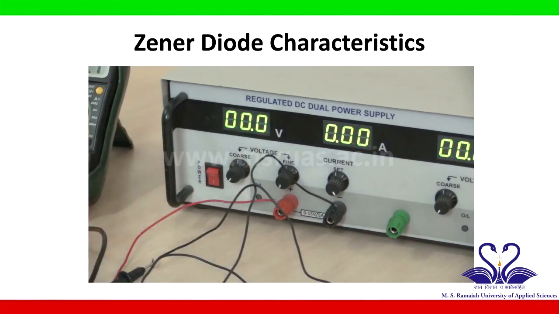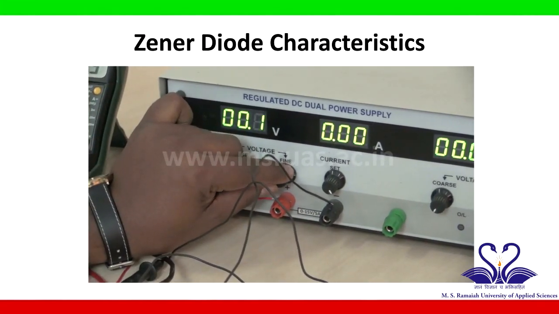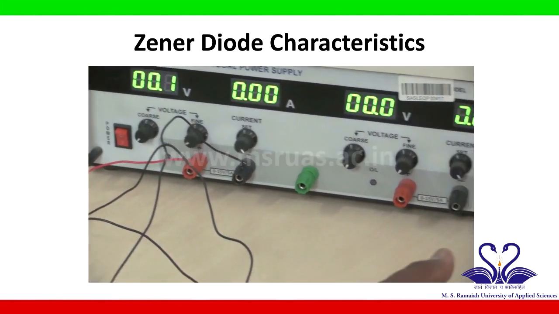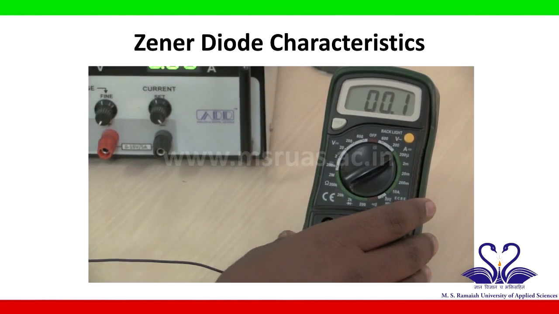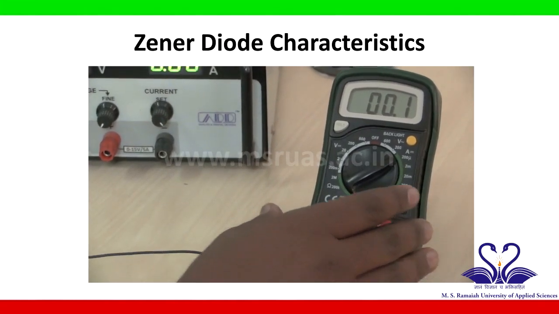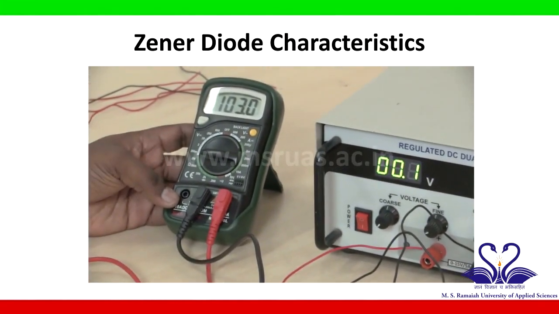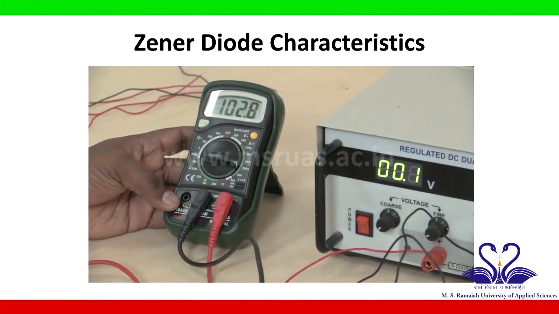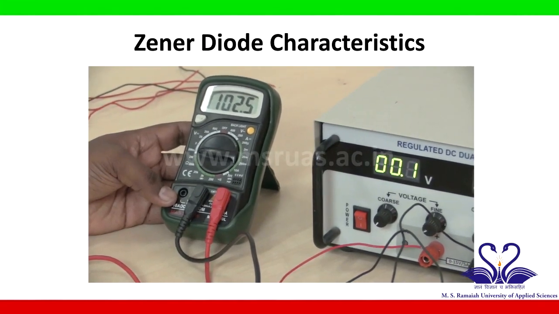For example, if I make the input voltage 0.1 volt, my ammeter reading is around 0.1 microamps, and the voltmeter reading is around 103 millivolts, which I will tabulate in the given tabular column.